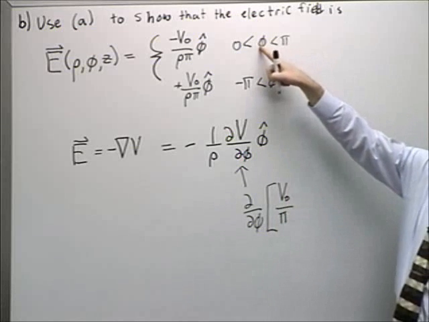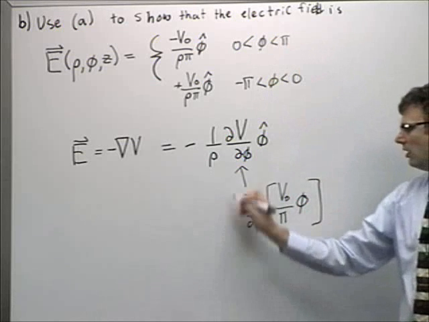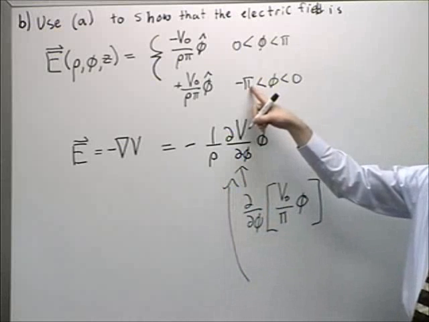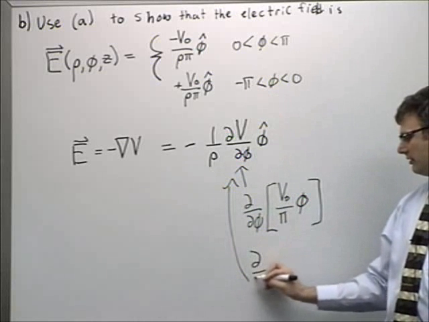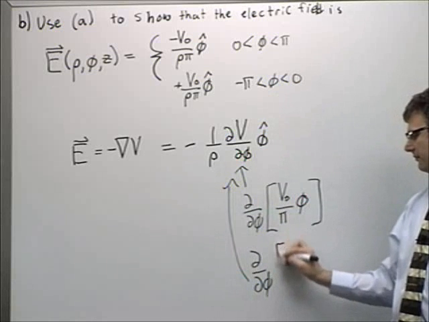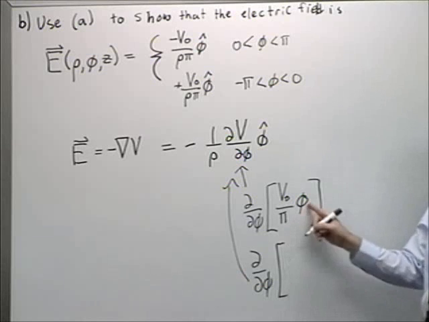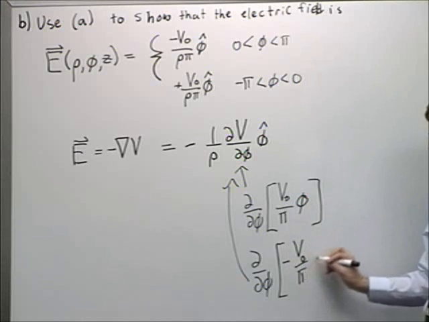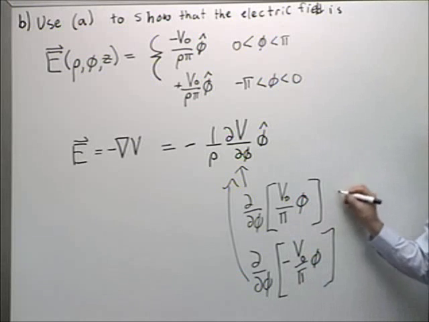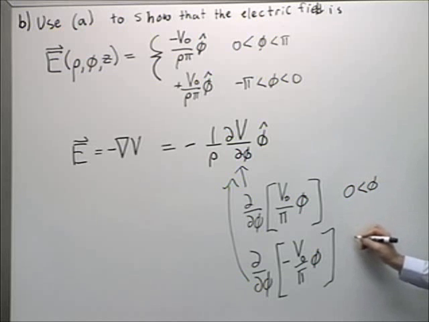When I'm in this region, it's just going to be positive phi. When I'm in this region, I've got an absolute value sign in my voltage function. So when phi is negative, I can really just write this as negative V naught over pi. So this is for phi greater than 0. This is for phi less than 0.